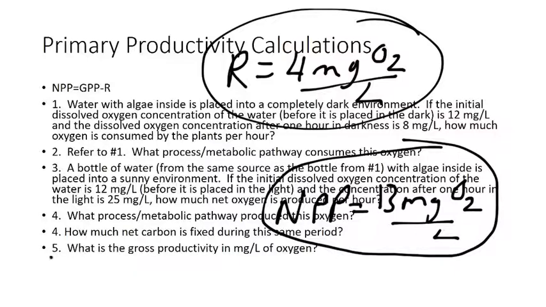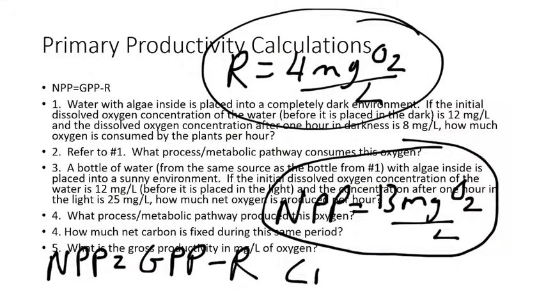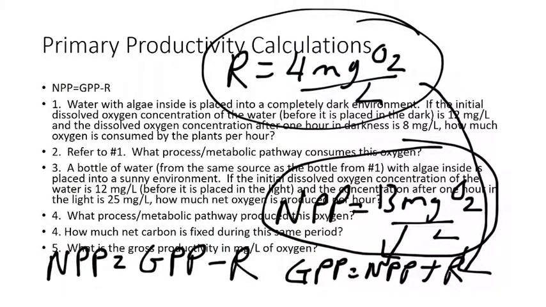Remember the equation, NPP equals GPP minus R, or if we solve that for GPP, GPP equals NPP plus R. So we have an NPP of 13, we have an R of 4, so if we take our net primary productivity, 13, plus our oxygen used up by respiration, 4, our final answer for number 5, for GPP, gross primary productivity, is 17 milligrams of oxygen per liter.